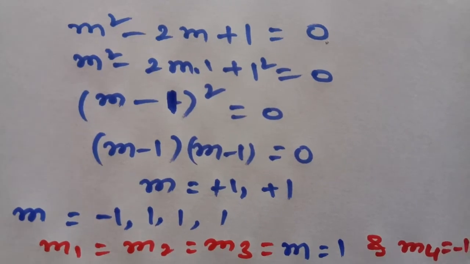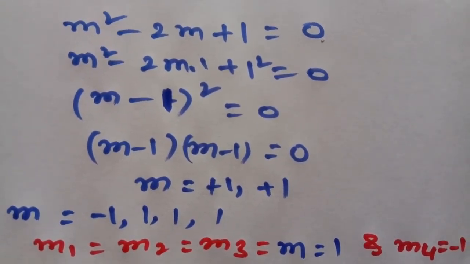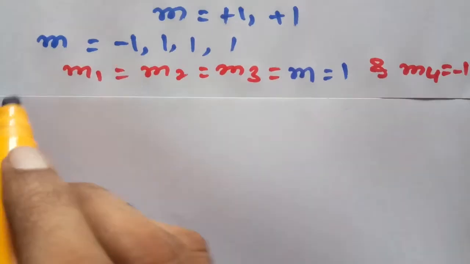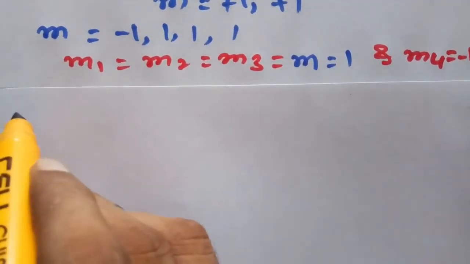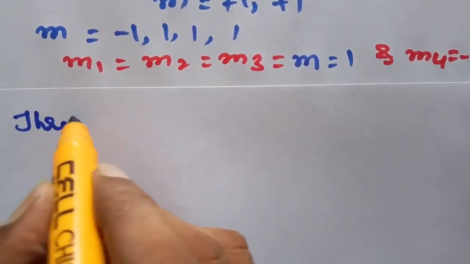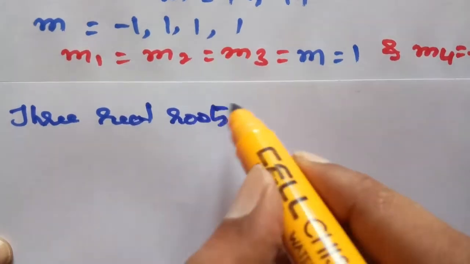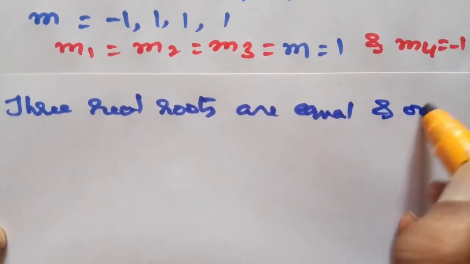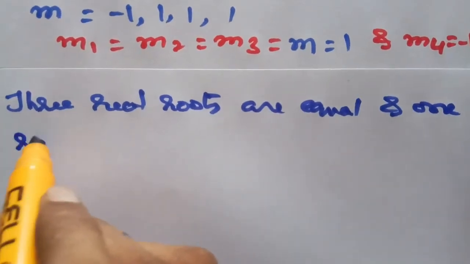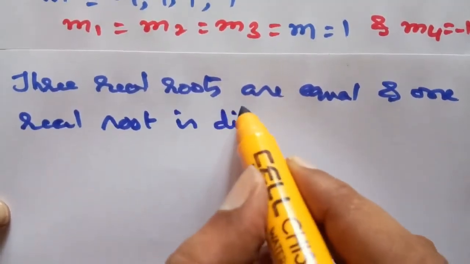Three roots are repeated and one root is different here. Three real roots are equal and one real root is different.